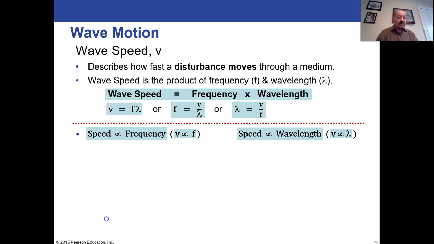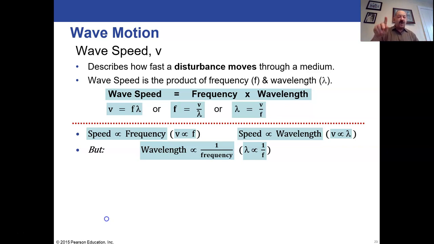Okay, directly proportional. But what if you have a situation where the speed is constant? And this happens a lot when we're looking at the speed of light, different types of light in a vacuum. In a vacuum, all forms of light have exactly the same speed, the speed of light. Instead of v, we would call it c. So in that case, when the speed of the wave is constant, the wavelength and the frequency are inversely proportional.